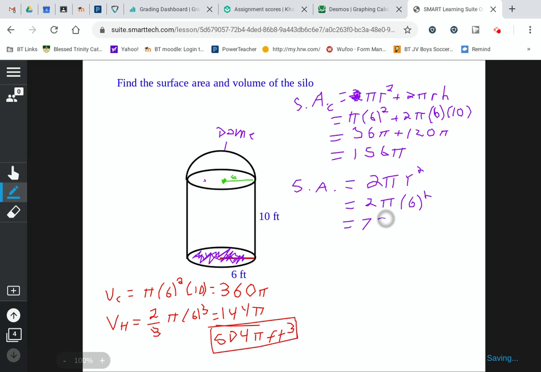So 72 pi. Then we add these two up. My total surface area is 156 plus 72, which ends up being 228 pi, and we're in feet squared.